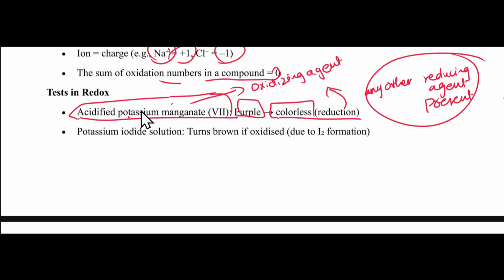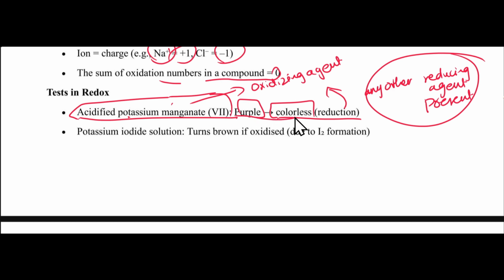So potassium manganate is actually an oxidizing agent, and if you want to see whether another solution is a reducing agent or not, then you can add it to the potassium manganate solution, and if there is a change in the color, it means that potassium manganate has been reduced.